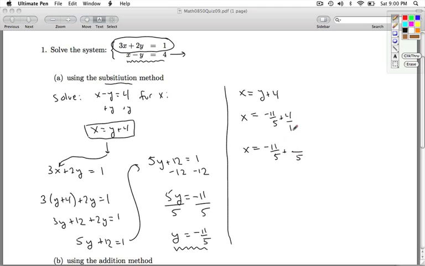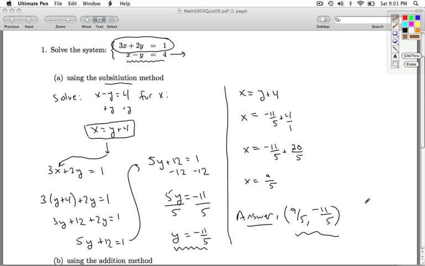So to multiply by 5 in the denominator means I'm going to have to multiply by 5 in the numerator. Now I can add the numerators. I'm going to get 9 fifths. So my final answer, x is 9 fifths, y is negative 11 fifths. And so I get the ordered pair, 9 fifths, comma, negative 11 fifths.